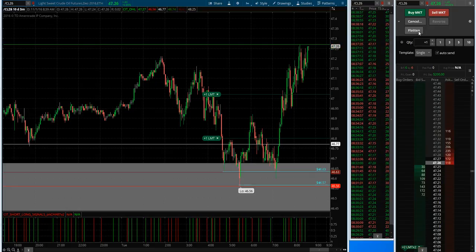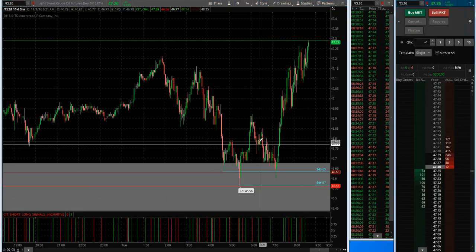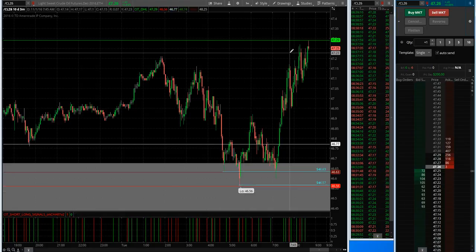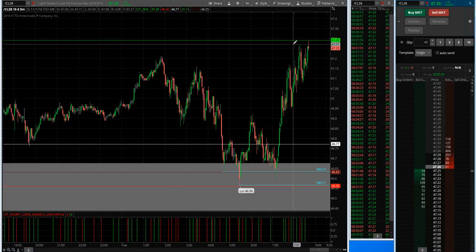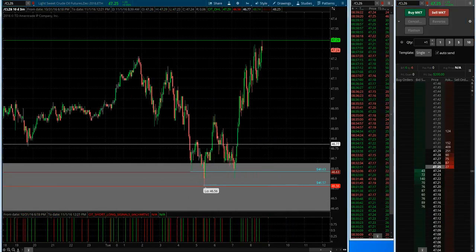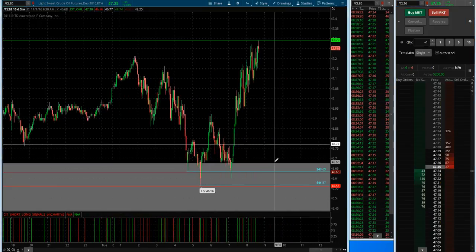Okay, so anyhow, you can see it's getting rejected here. The last high was 27, and guess where it stopped? It's like 26. It broke up, and so now this is not a good trade location if you're looking to go long. I might have just missed the boat.